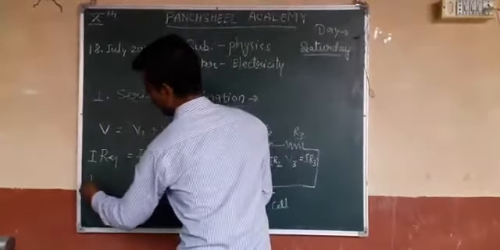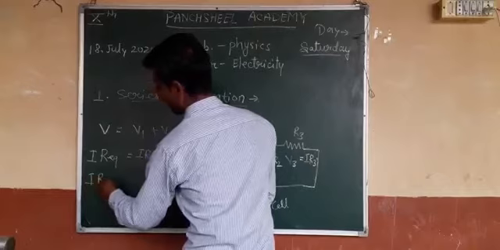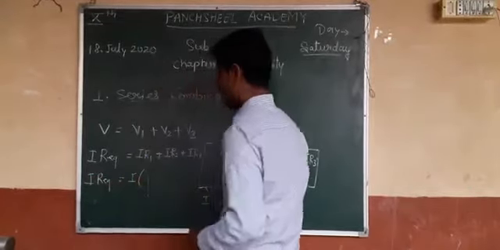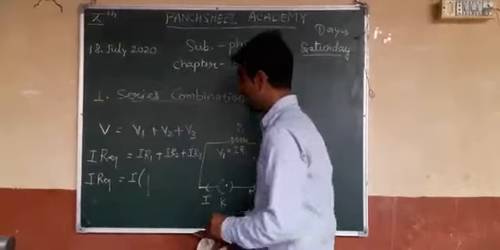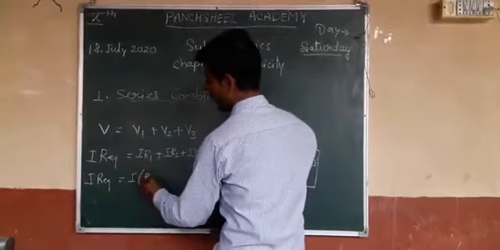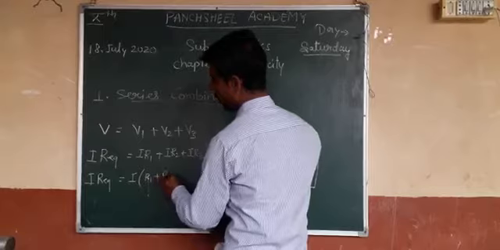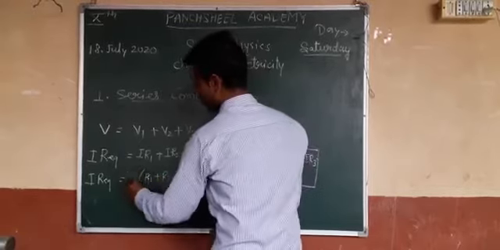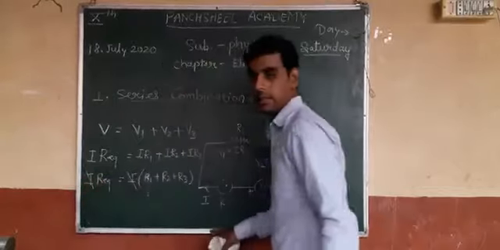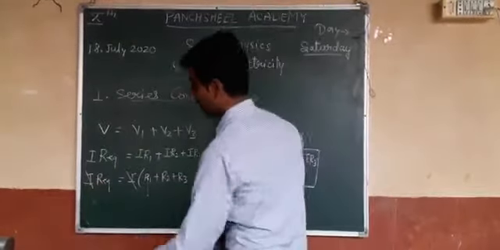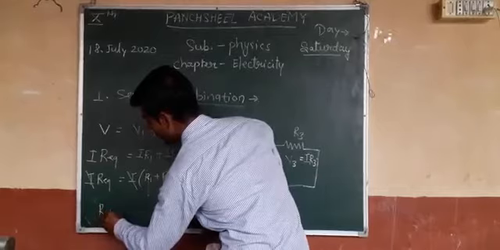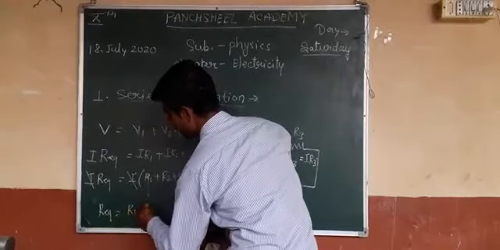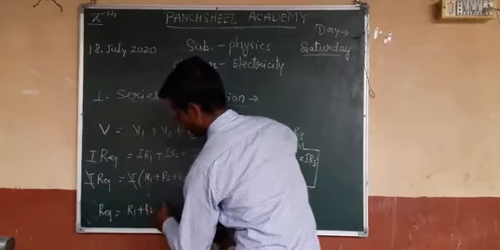So IR equivalent equals I common, in bracket R1 plus R2 plus R3. So I cancels and R equivalent equals R1 plus R2 plus R3.